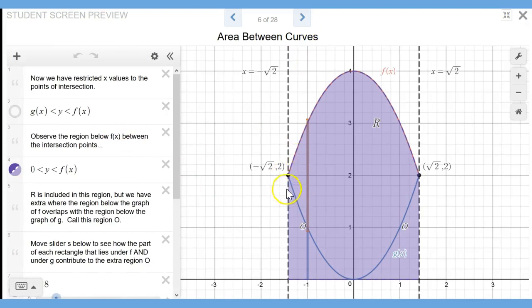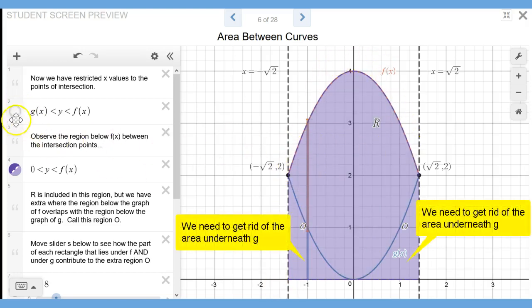I've drawn some vertical lines through x equals minus square root of 2 and x equals positive square root of 2, since those are the intervals that we're interested in. And if we now look at the area underneath f, it's this purple region, and you can see that if we turn on the region R between f and g, the area underneath f contains the area between f and g.